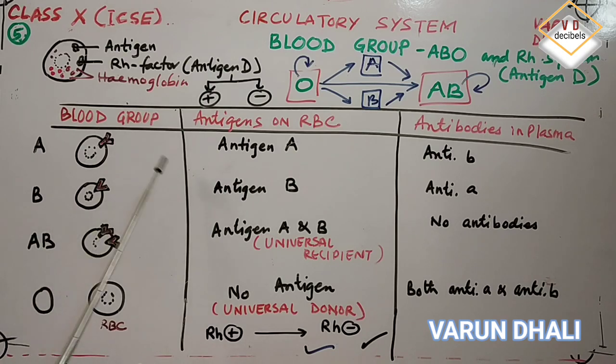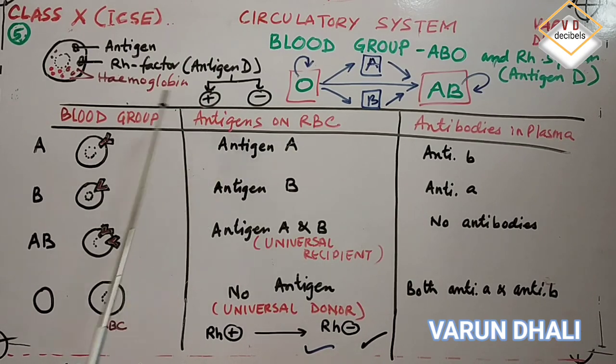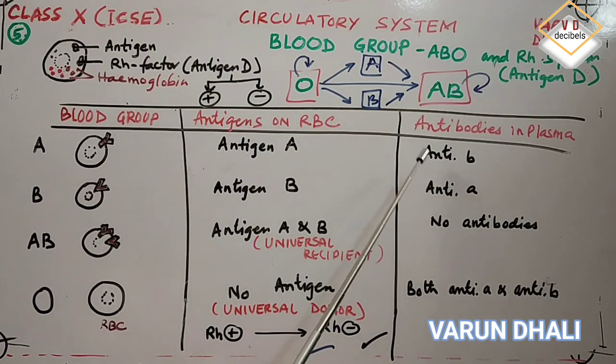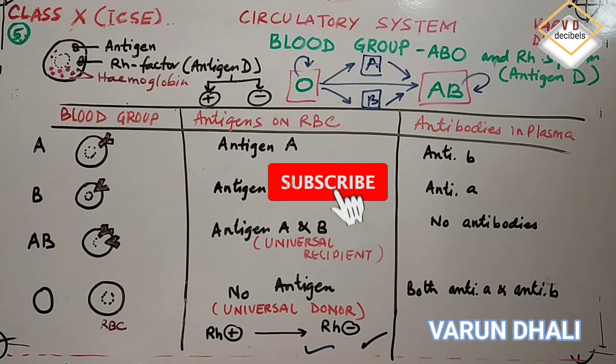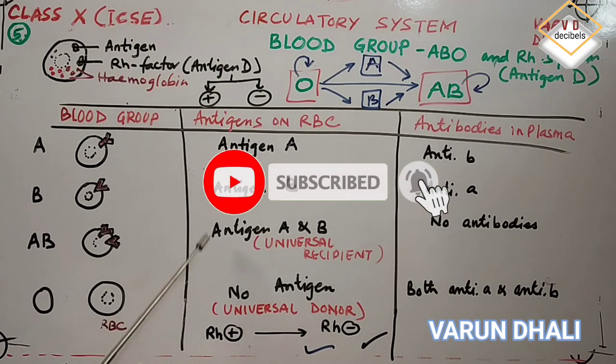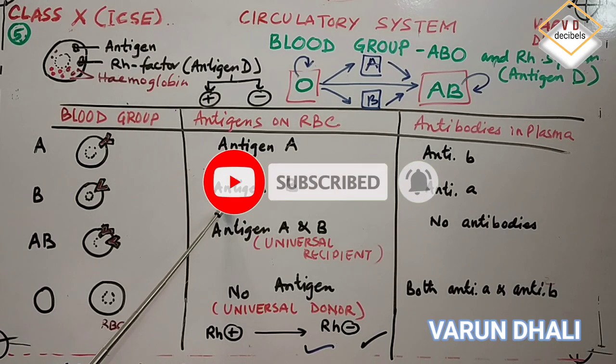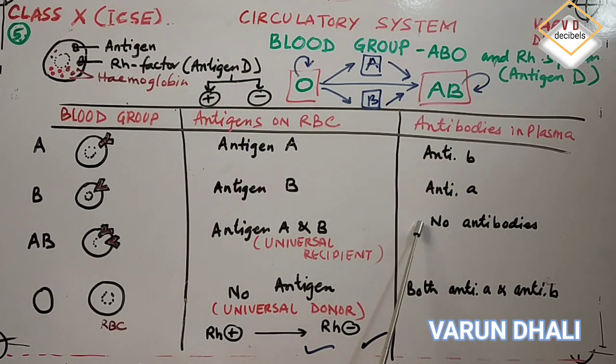It means a person with blood group A has antigen A on their RBC and antibodies B in their blood plasma, which I have written here. Next part, a person with blood group B has antigen B on their RBC and antibodies A in their blood plasma.